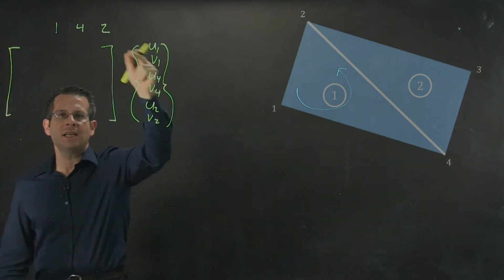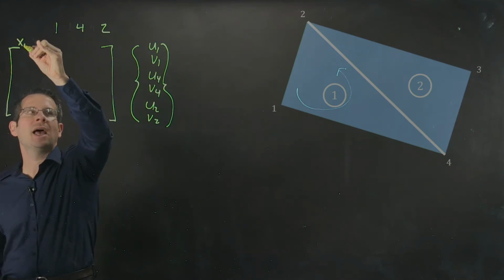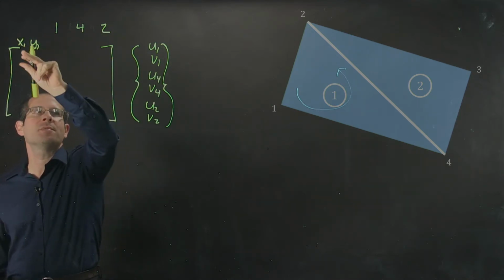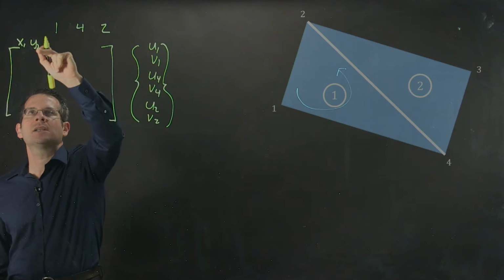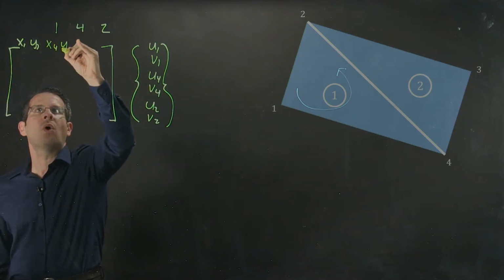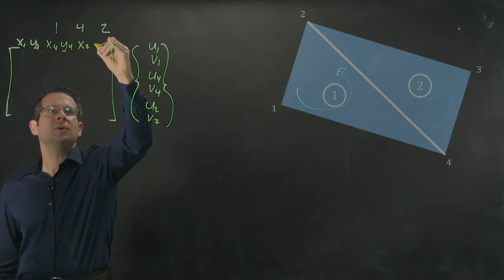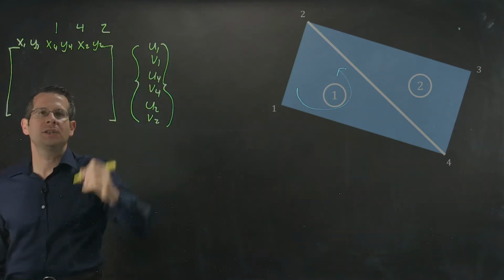And my local stiffness matrix will then have each column corresponding to x1, y1, if you prefer u1, v1, then x4, y4, and x2, y2.